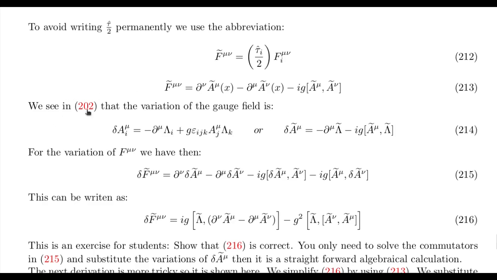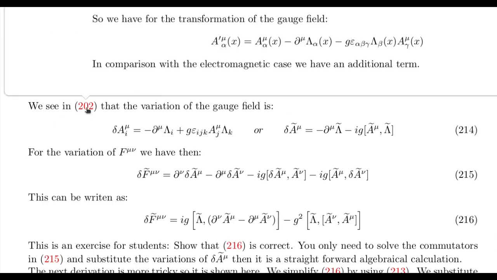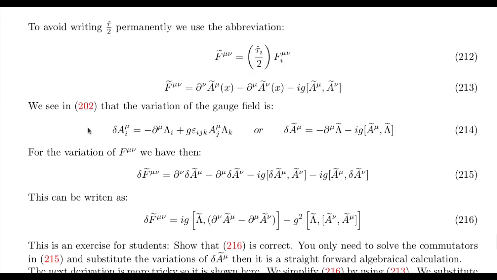Then in 202 we see that the variation of the gauge field A is minus the derivative of the parameter lambda and then the term with the vector product of the parameter with the vector product. So we can write for delta A this, or with tilde this.